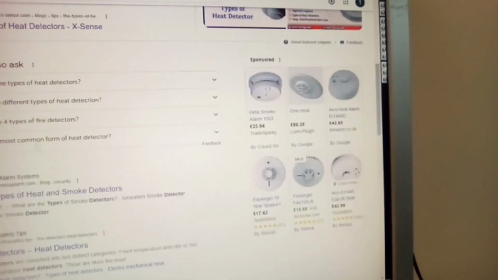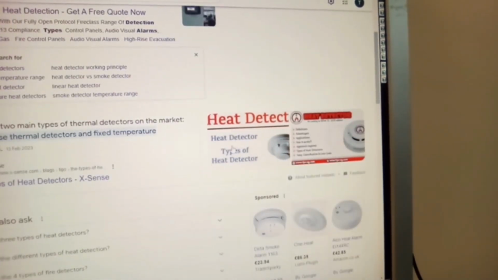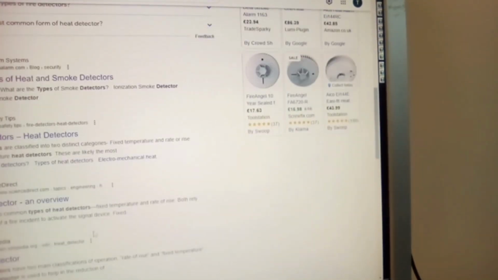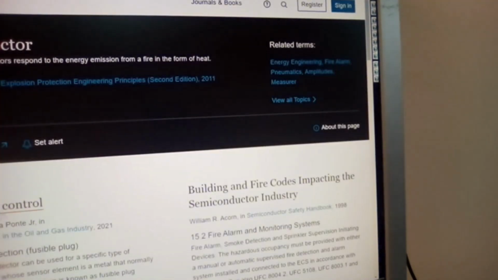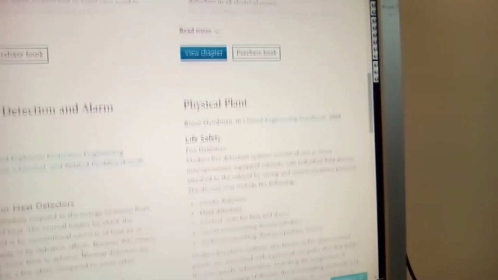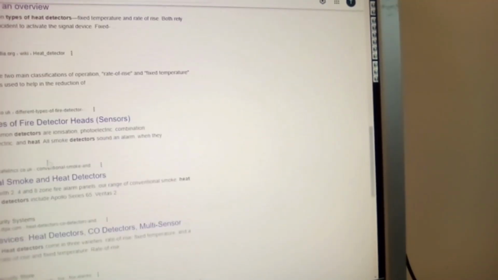So I'm going to go back now and let's go up. Go down a little bit more and see if we can find anything that gives us heat detection and overview. Nope, not what I'm looking for. Well, I'm looking for pictorial.